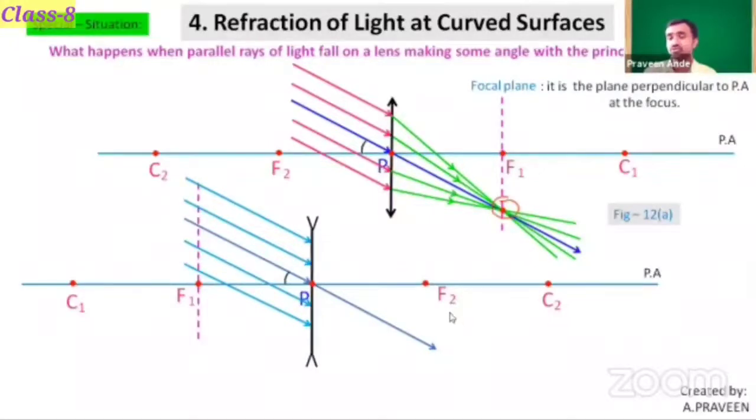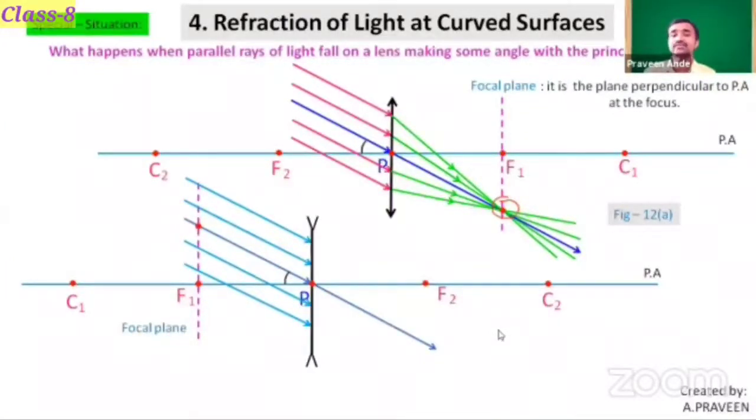See, through F1 I drew the focal plane. Is it clear? Then the ray which is passing through the optic center coincides with the focal plane. That point you have to identify as its imaginary focus, as F0 or something. You can give it a name, no problem.